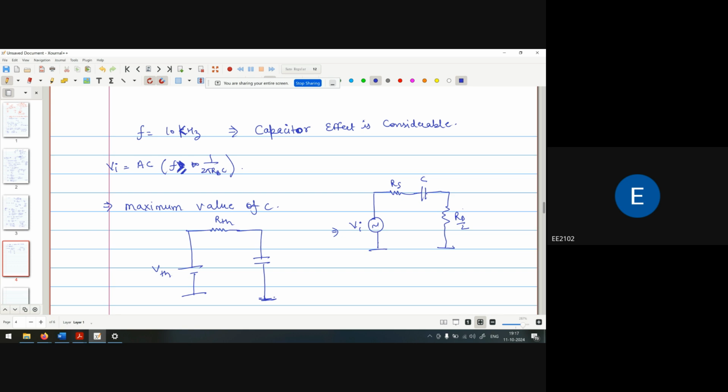Now we have to set the value of the capacitance. First, a capacitor will always pass the AC signal and it will block the DC component.